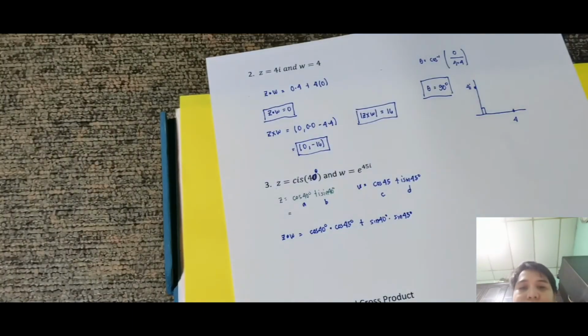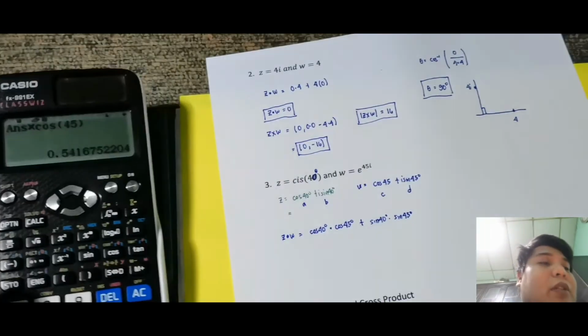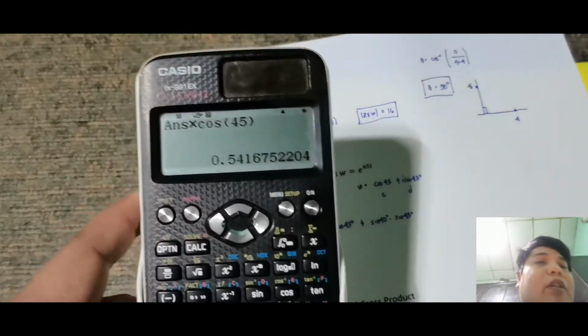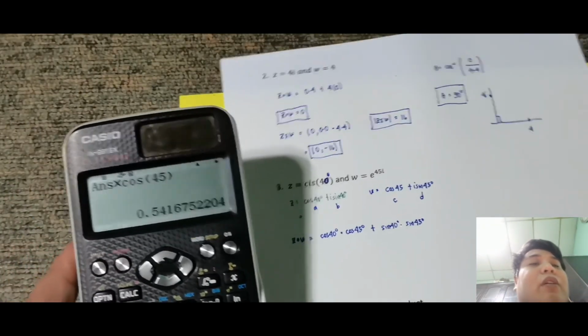Oy, error. Mali ako sa pag-input. Sorry. That is cosine 40, then times cosine 45 degrees. Ito na lang ha. Pinag-multiply ko muna yung dalawa. That is 0.5417 for four decimal places tayo. Minultiply ko muna yung cosine 40 degrees sa cosine 45 degrees.